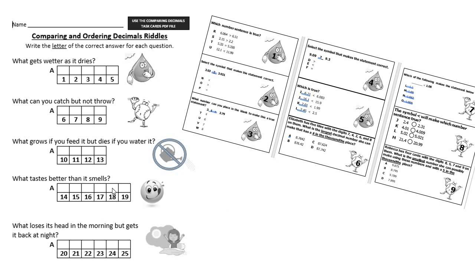Since this is a set of task cards that uses riddles, it's not something that's going to be graded. Instead, it's just a practice of this concept. And also, if we were doing this in class, remember with task cards, I give you a set amount of time to do them, and you just complete as many problems as you can in that time. So I'm going to ask for you to have your parents set a timer for 30 to 40 minutes for you to work on this assignment.